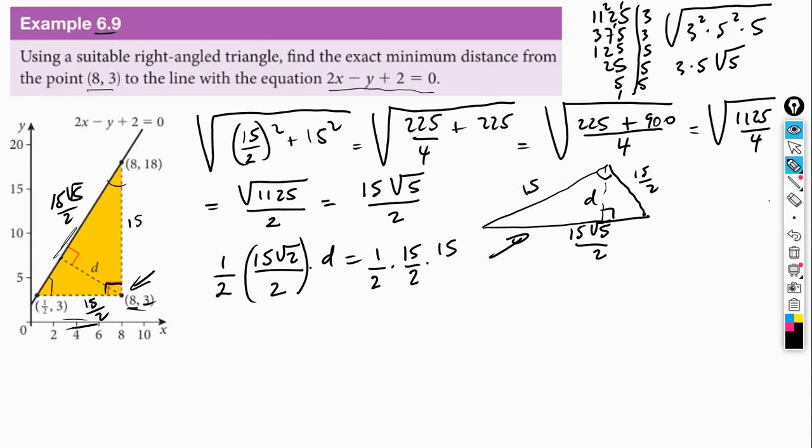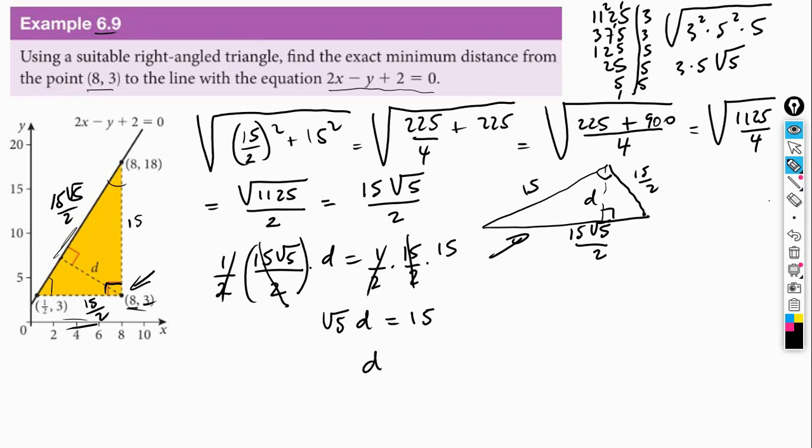Okay, so now all we have to do is solve for D. So let's not multiply because we can cancel things out. Notice that we can cancel 1/2 with 1/2. And we can even cancel 15 halves and 15 halves. Okay, this is not a 2 here. I made a mistake. This should read square root of 5, not 2. Sorry. So notice that we would be left only with square root of 5 times D is equal to 15.